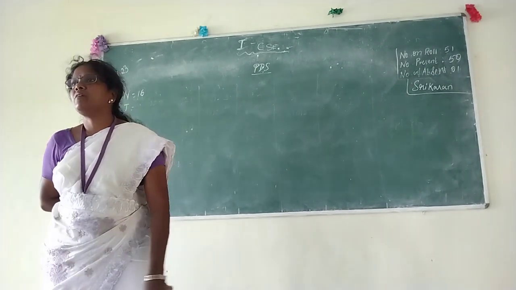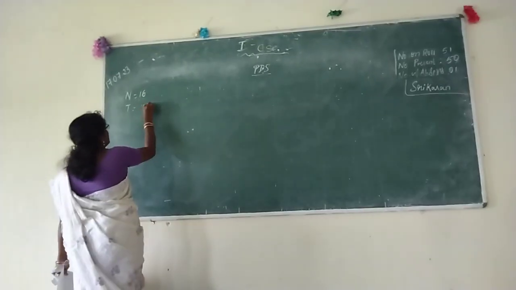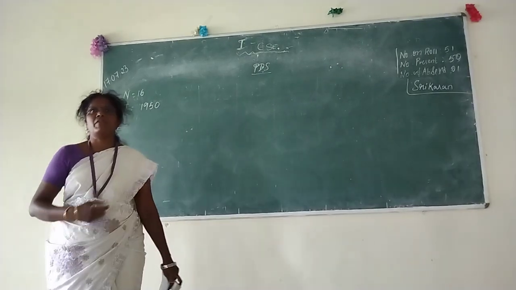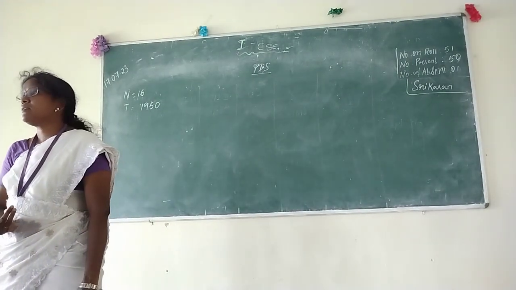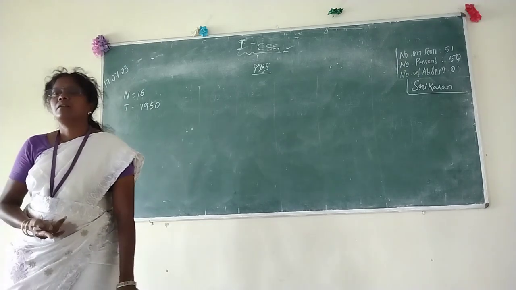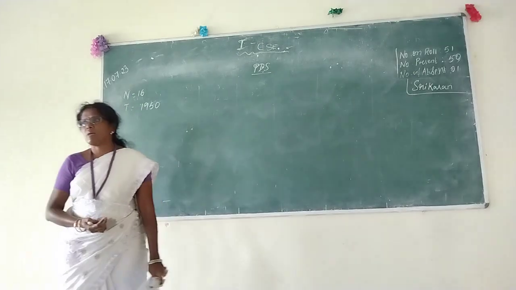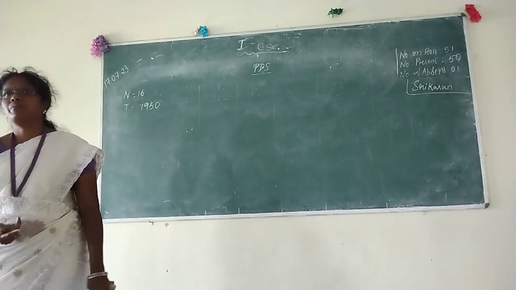Please tell me what is t? 1950. You have to add all the given values. That is your t. Summation of x1 plus summation of x2 plus summation of x3 plus summation of x4.